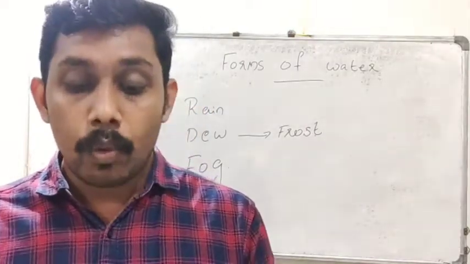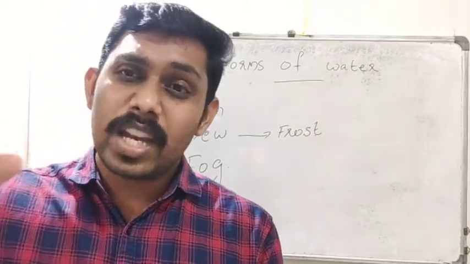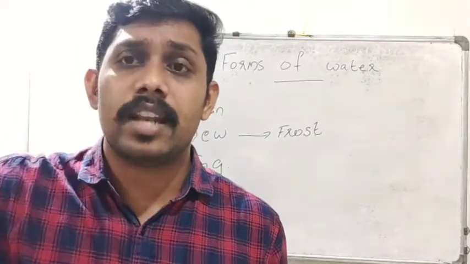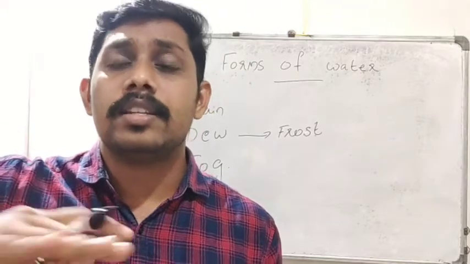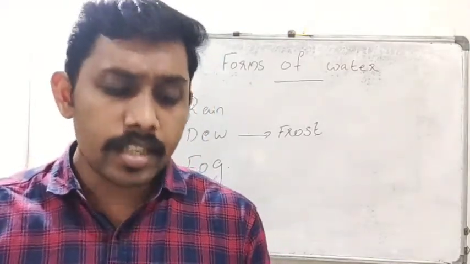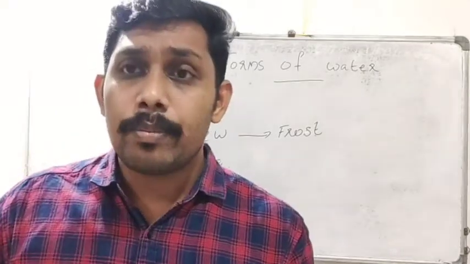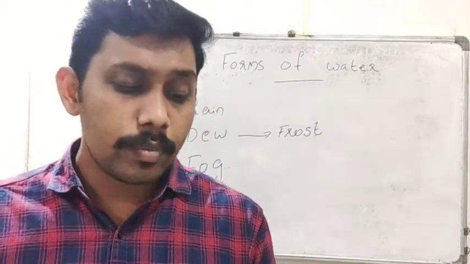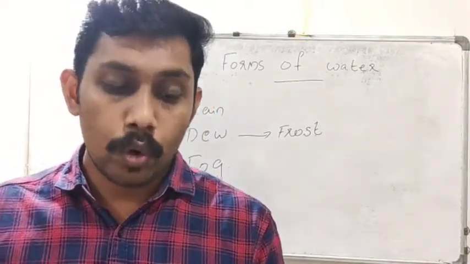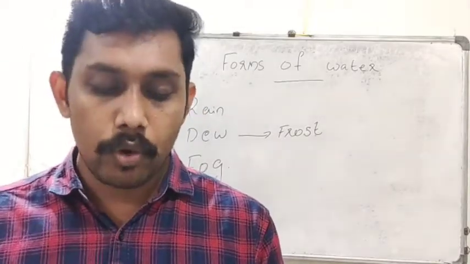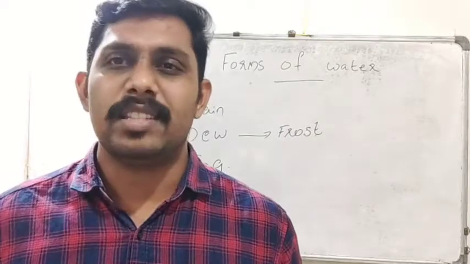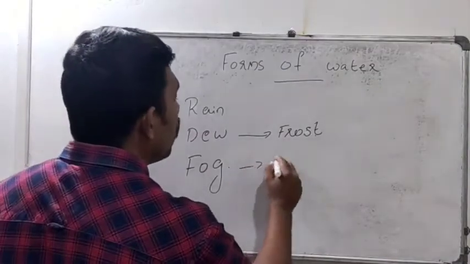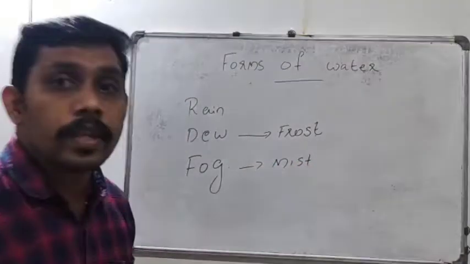On winter mornings, water vapor in the atmosphere condenses very close to the ground. This forms a dense layer of cloud close to the surface of the earth, and it is called fog. Very thin fog is called mist.